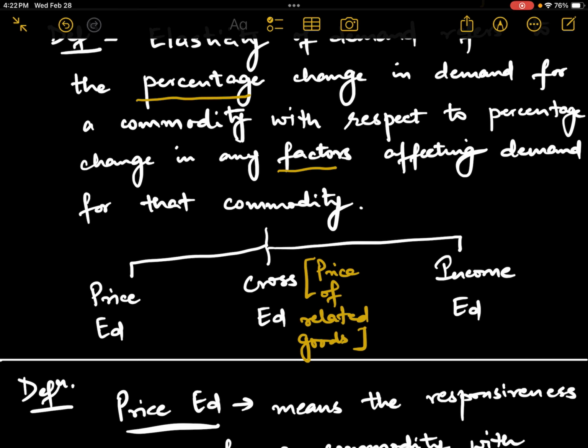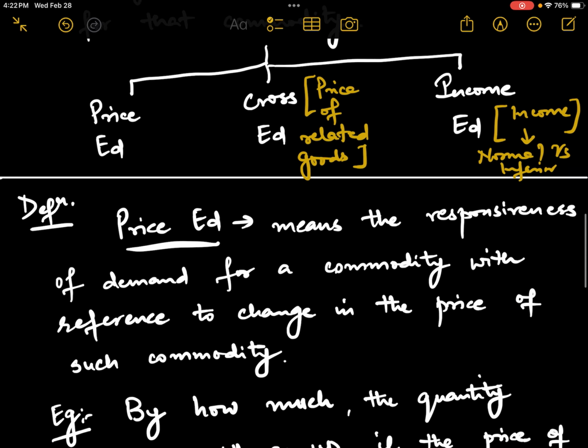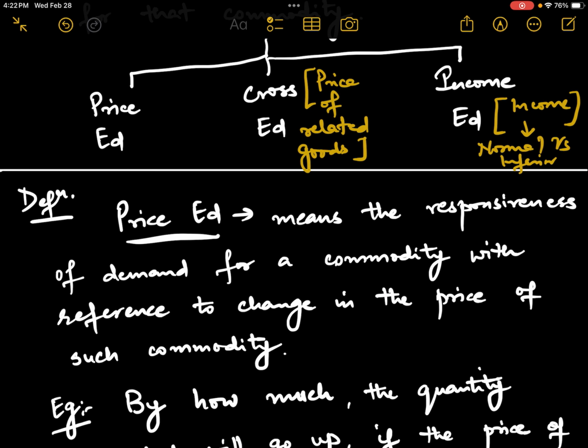And income elasticity of demand is when we are trying to understand the change in quantity demanded due to the percentage change in the income of the consumer. Here we discuss more about normal goods and inferior goods. These are a few concepts which you need to know from your theory of demand chapter before you do elasticity of demand.